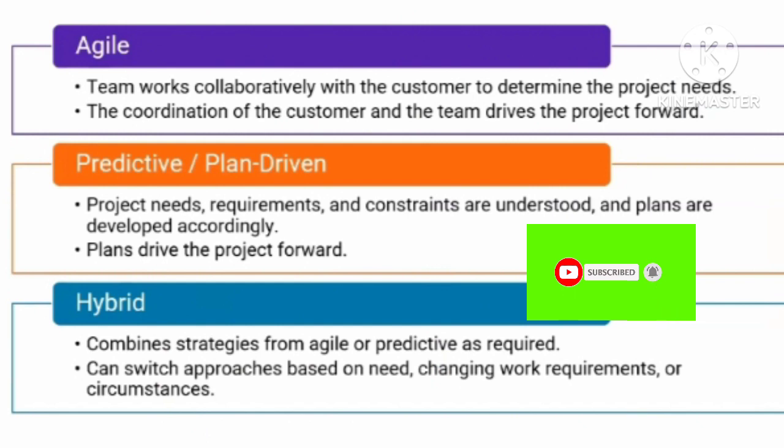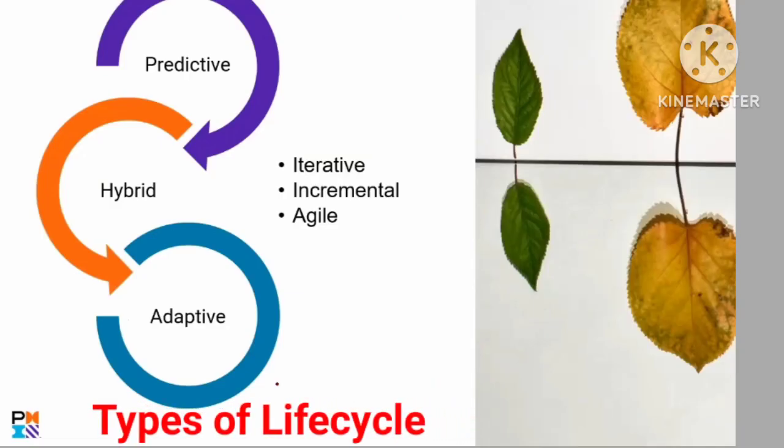Now we are moving ahead and going to see the types of life cycles. There are three types of life cycle: predictive life cycle, adaptive life cycle, and hybrid. So what is the predictive life cycle? The predictive life cycle is an end-to-end life cycle.